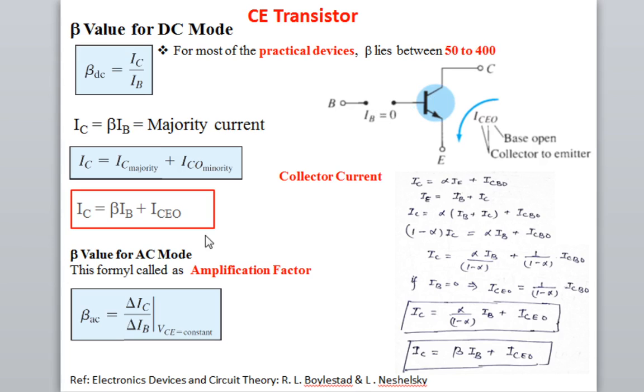That collector current is beta IB, and another collector current flows, which is ICEO, the collector to emitter current when the base is open. That is why I have summed these two currents, majority current and minority current. So this is ICEO.